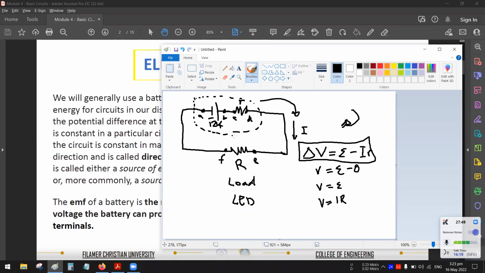But we're dealing with DC circuits or direct current circuits. Okay? So basically we have the polarity, the positive and negative terminal. So later on na nakita sa AC, no, sa alternating current.